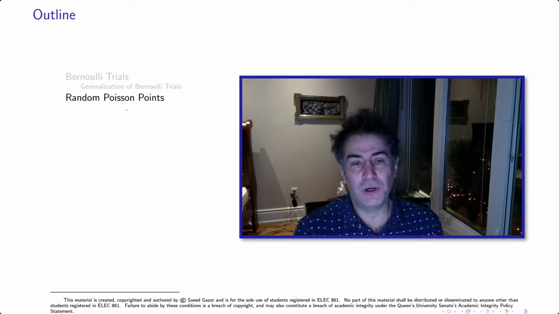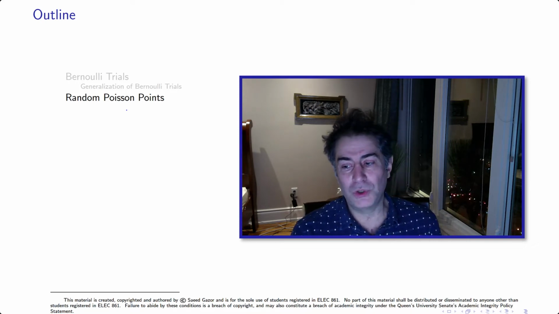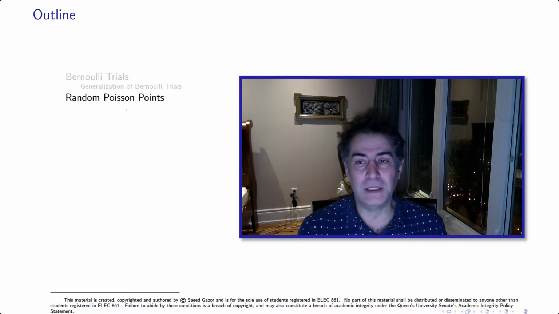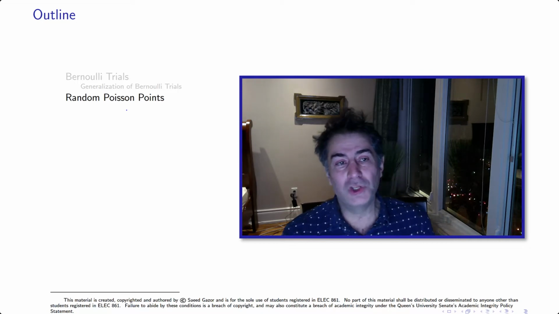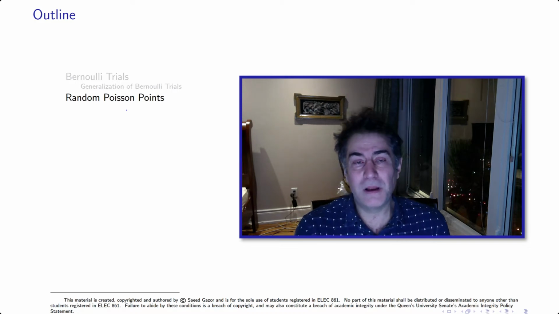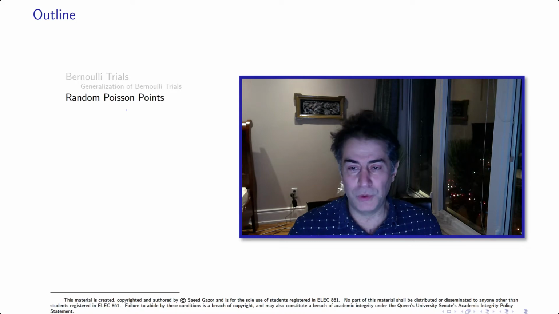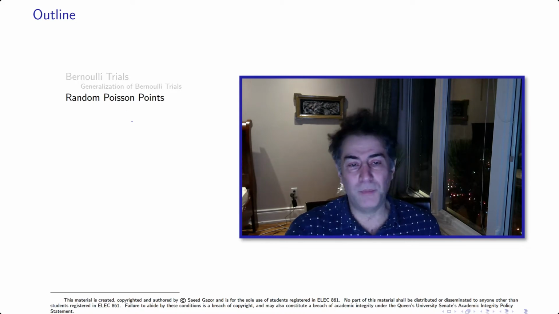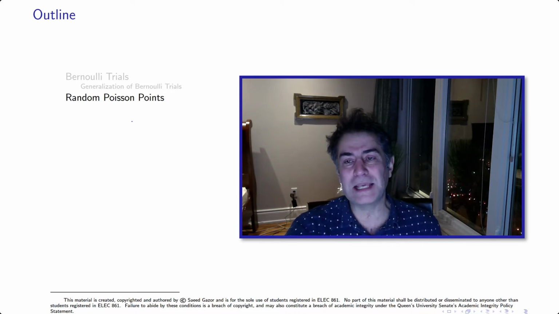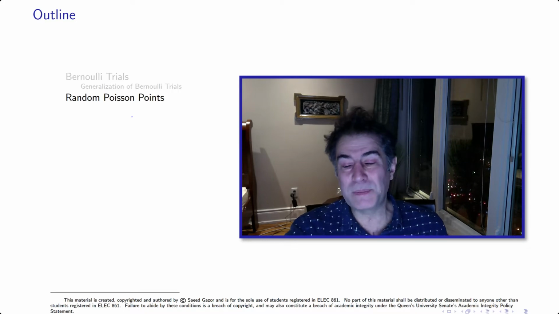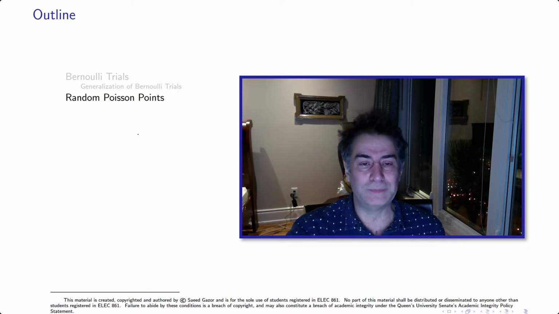Or if you consider a huge number of atoms in a laser gun, because the number of atoms is huge, they produce independent points. So you could view these as repeated experiments. Each member of the population could possibly produce a random point or not.